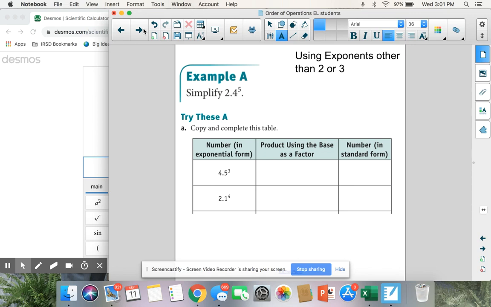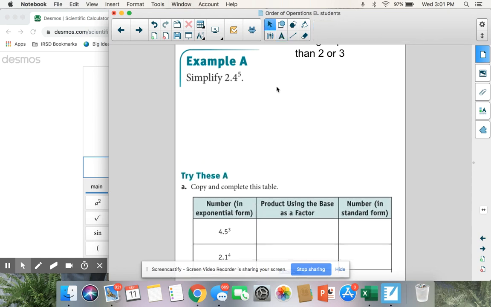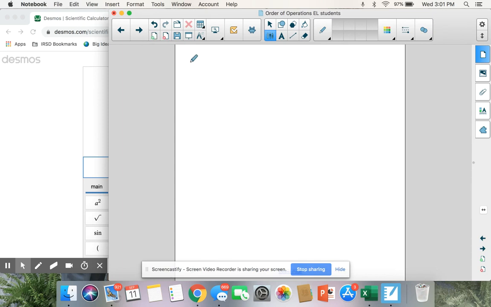On page 41, it says, example A, simplify 2 4/10 to the power of 5. I'm going to show you how to do this, but in your notes, I want you to go ahead and, under the same LEQ, write our new vocabulary word, which is exponents. Then you're going to give an example.